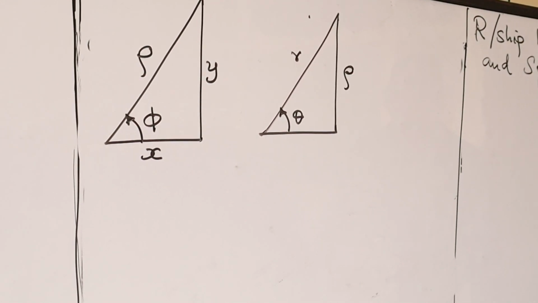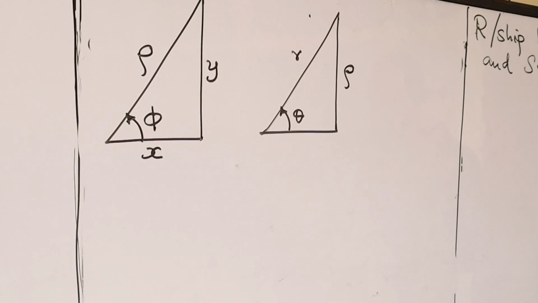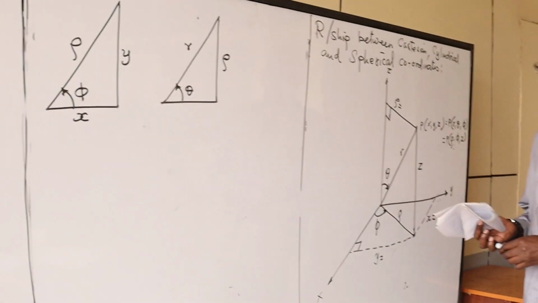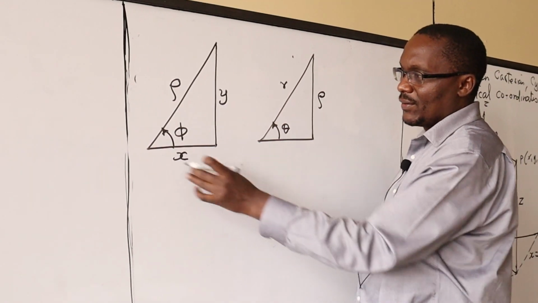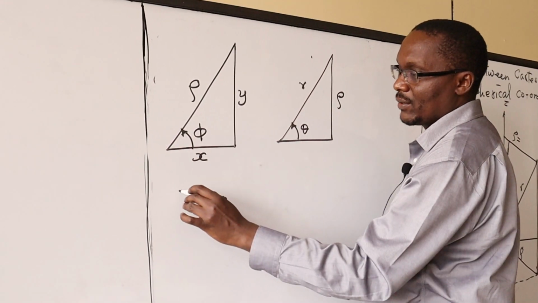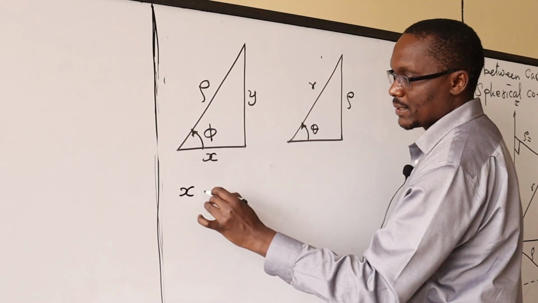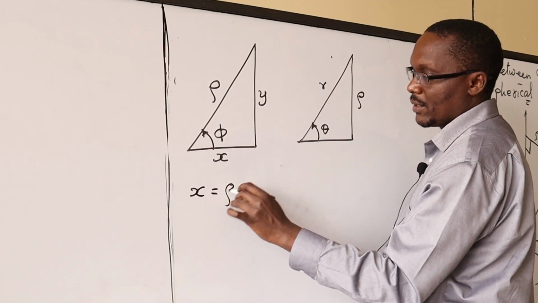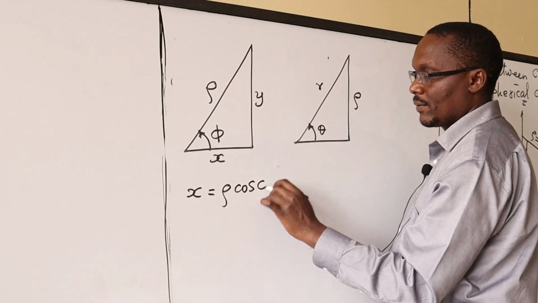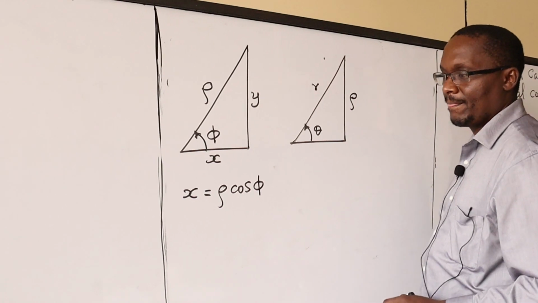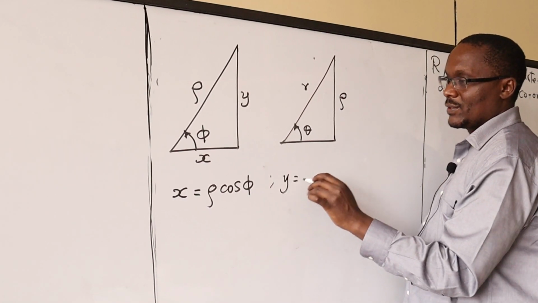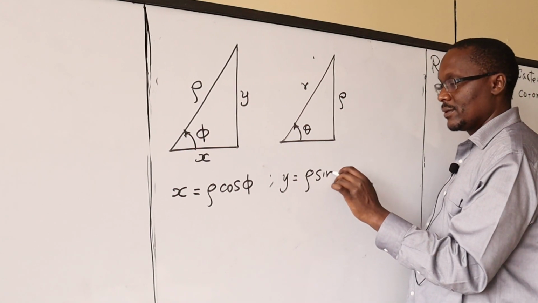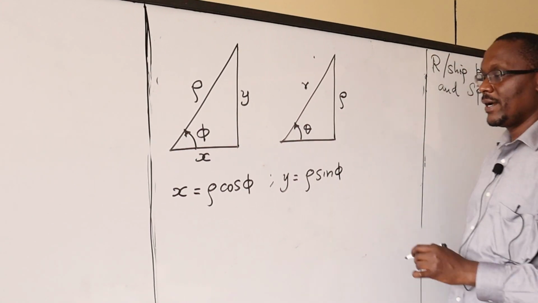Now, if you look at it keenly, from what we have there, we had initially developed this for the first right angle triangle, and we found that x was the same as rho cosine of phi. Similarly, we found y to be the same as rho sine of phi.